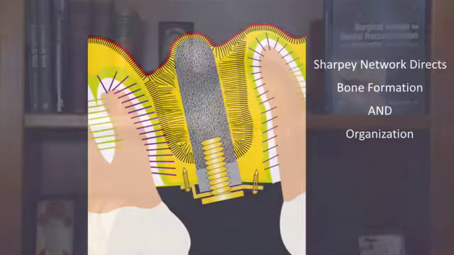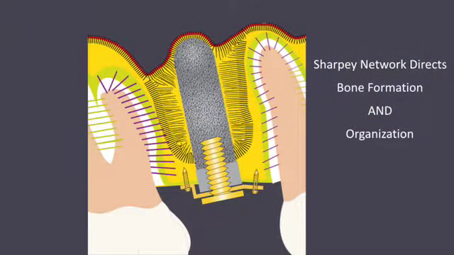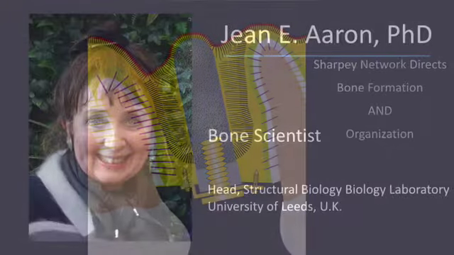Simply filling the chamber with bone does not provide a functional ossicle. So the Sharpey system then directs the immature bone volume into organization into a structural unit.